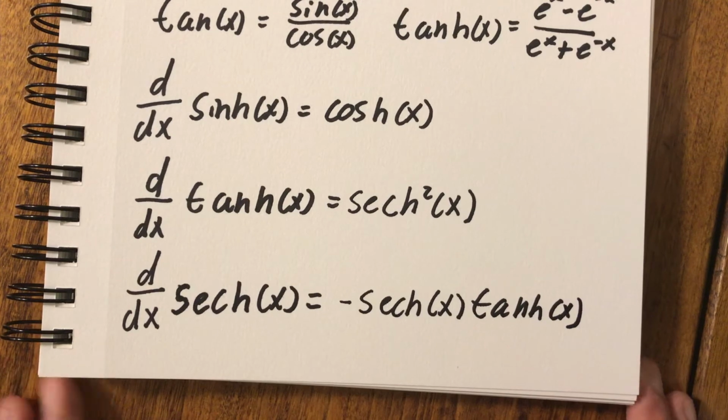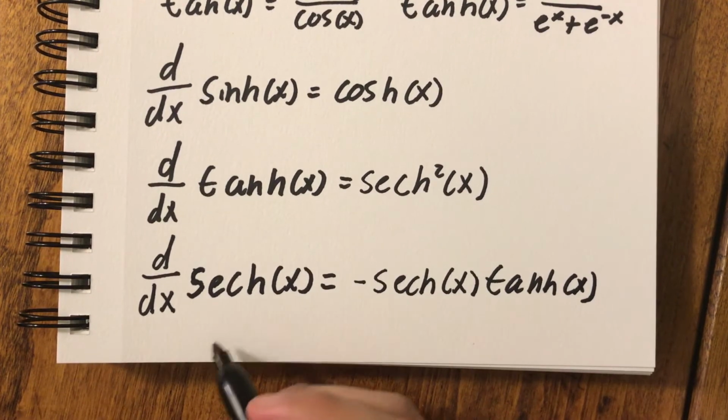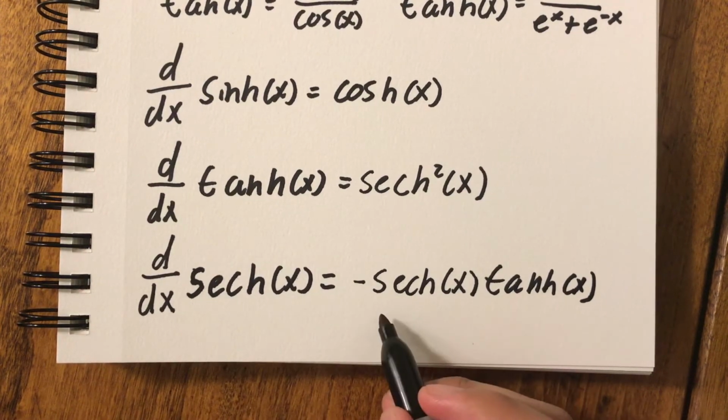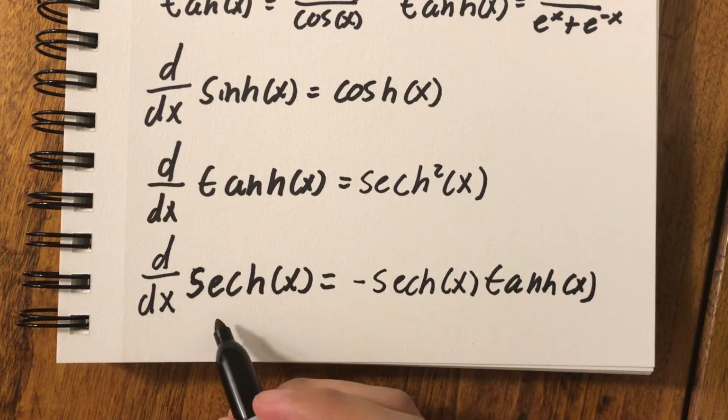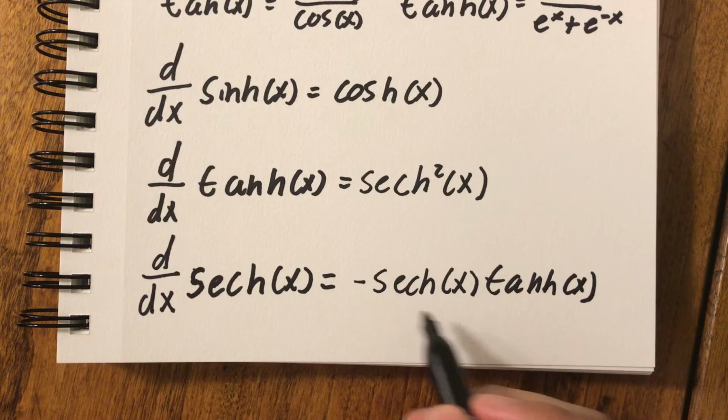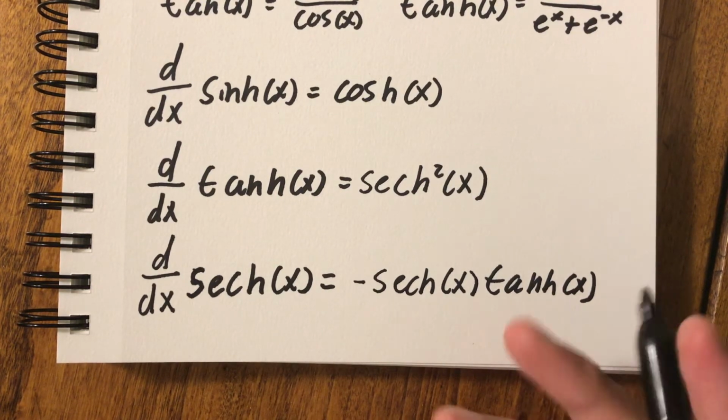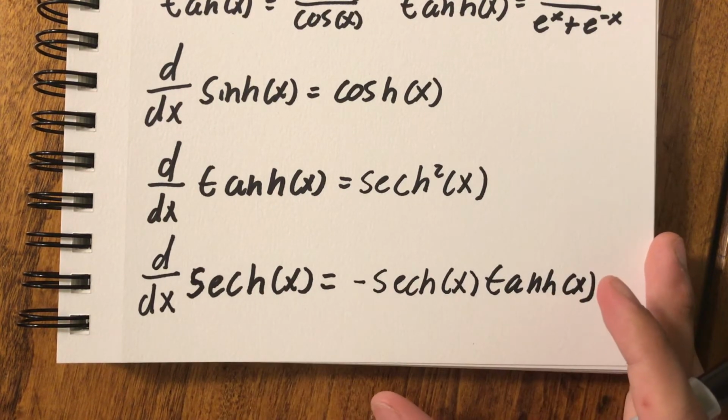Now this is different from the regular one, because the derivative of regular secant is equal to just secant times tangent, but the derivative of hyperbolic secant is equal to negative secant times tangent. And that's not too big of a worry.